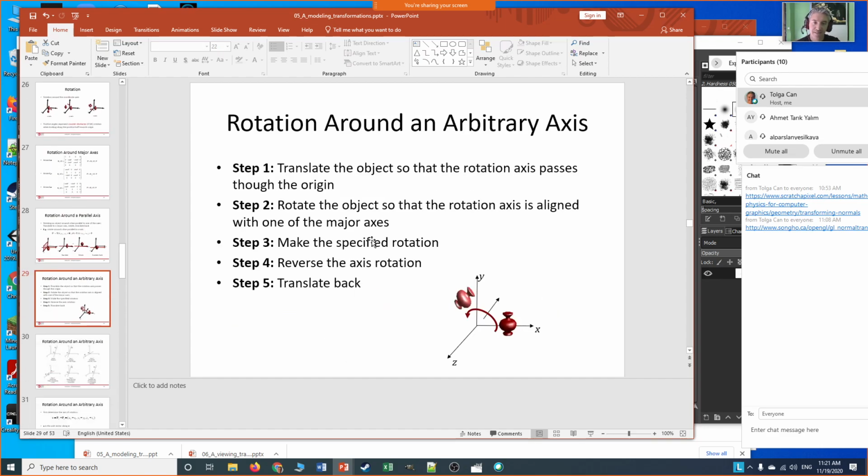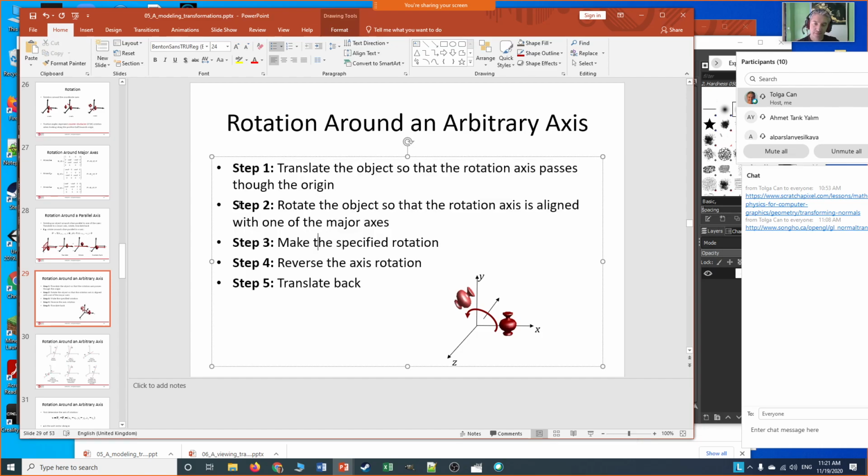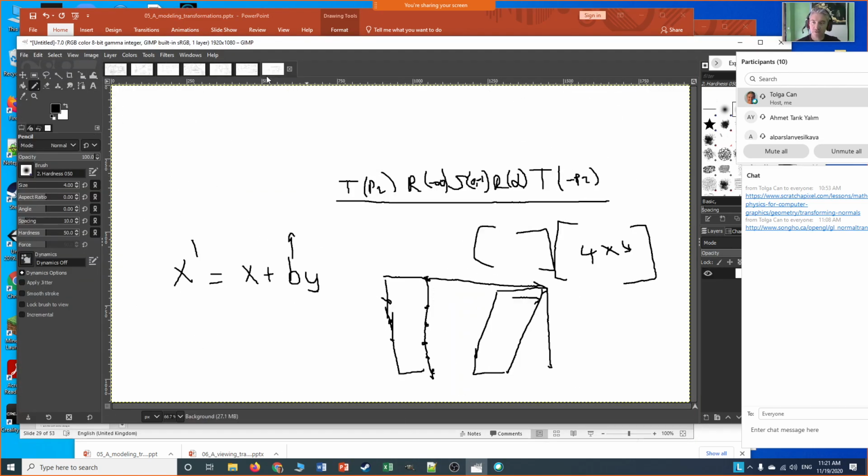The difficult case is this: rotating around a really arbitrary axis. What is written in 5 steps here is actually 7 steps, because step 2 requires 2 basic rotations, because there are 2 angles. Let me remind you what those 2 angles are.